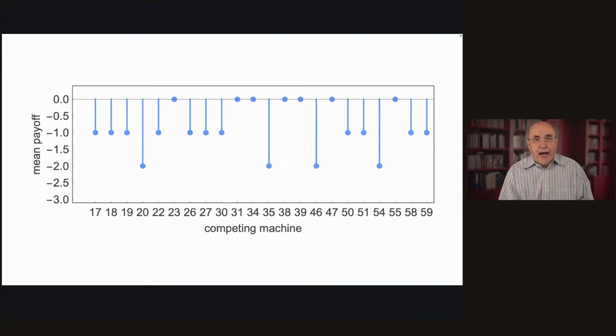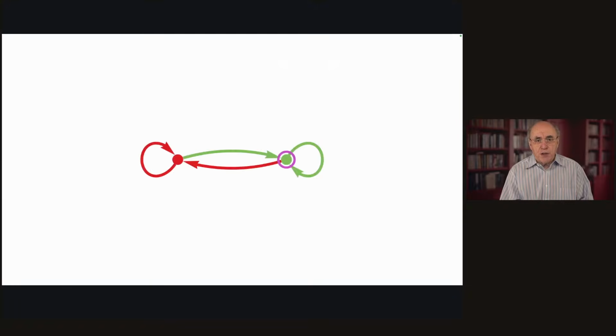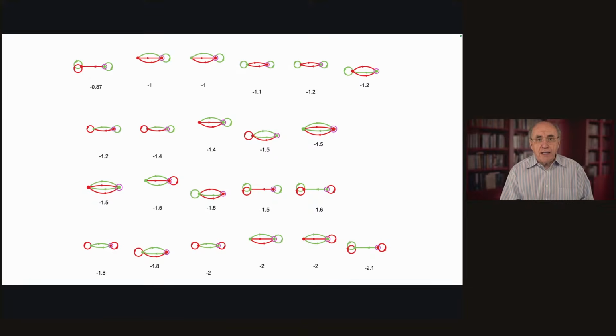So looking at the average mean payoff for all two-state machines, the ranking of possible two-state machines is this here. So it's notable that machine 22, which corresponds to the famous tit-for-tat strategy, here's that machine, is quite far down in these rankings here, even though it's often identified as the most successful in collections of human-suggested strategies.